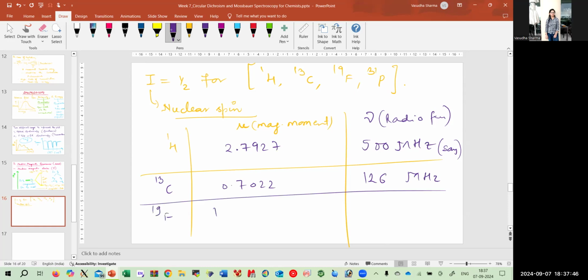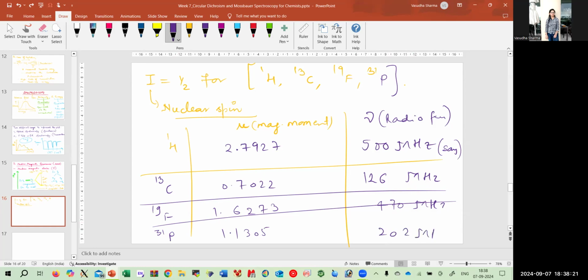For 19F, 1.6273 and 470 megahertz, closer to what we see for proton, and then for 31P we have 1.1305 and 202 megahertz.